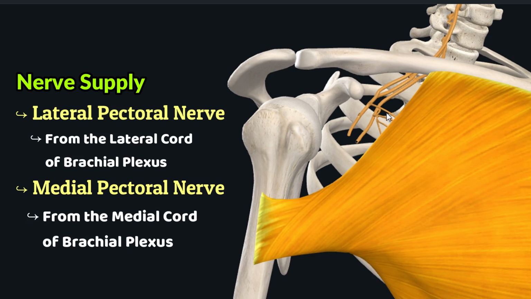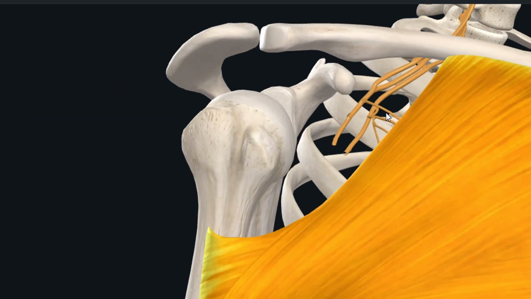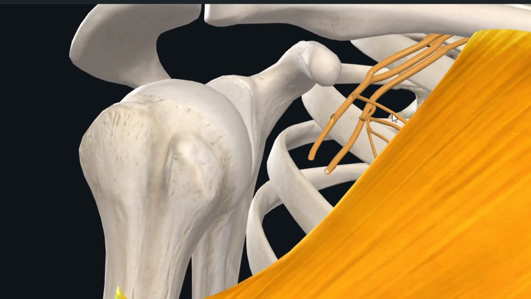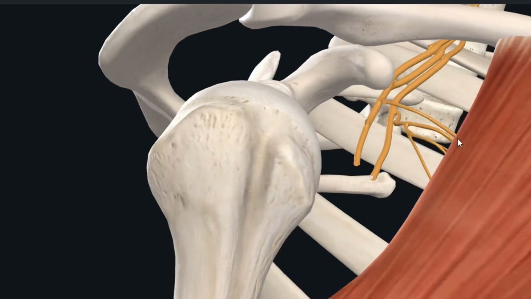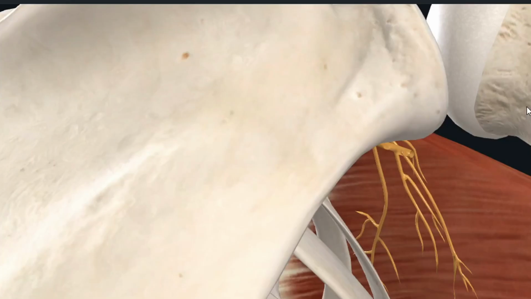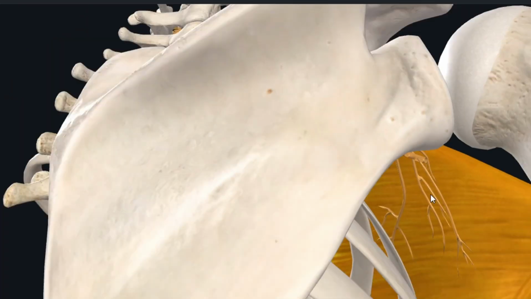You can see that this one is the medial pectoral nerve, arising from the medial cord of the brachial plexus, while this one is the lateral pectoral nerve arising from the lateral cord. These two nerves then give off pectoral branches and supply the pectoralis major muscle, as you can see.